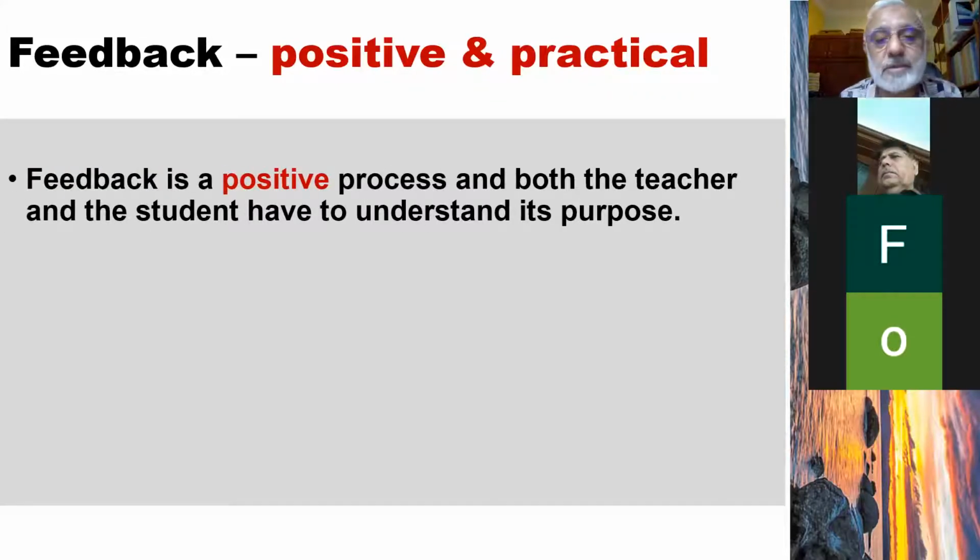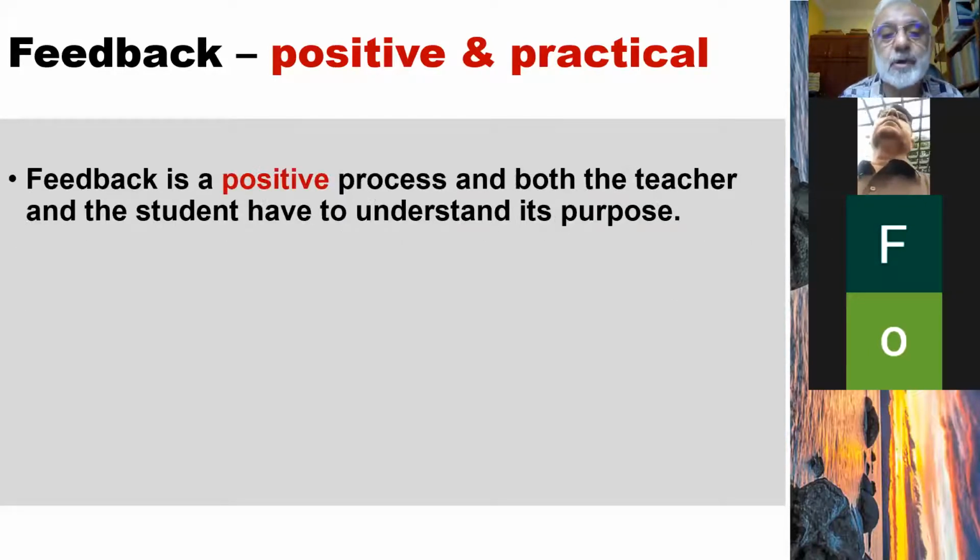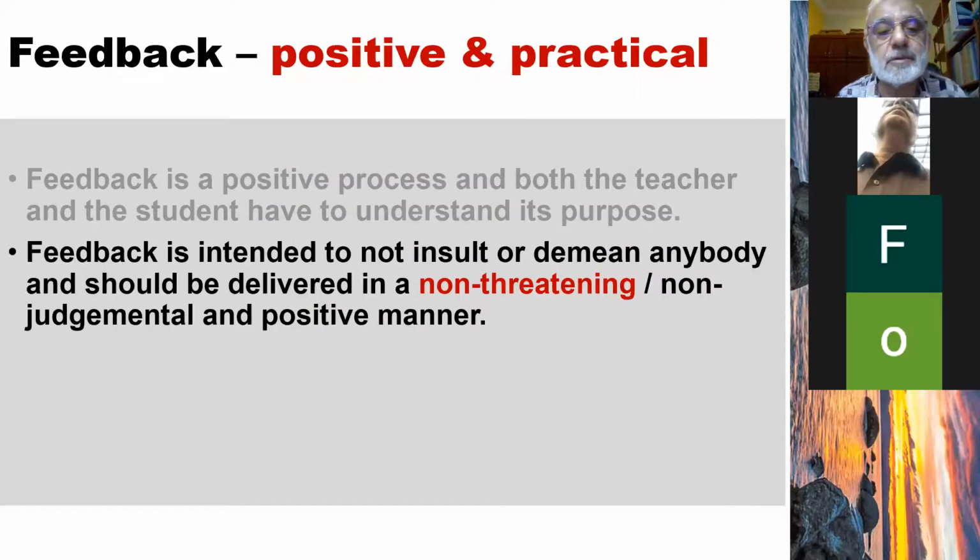It is a positive process, and both the teacher and student have to understand its purpose. Feedback is intended not to demean or insult anybody, and therefore it should be in a non-threatening, non-judgmental and positive manner. That's why the first point is that both student and teacher should understand the purpose of the feedback.